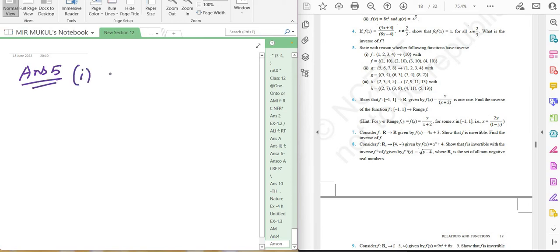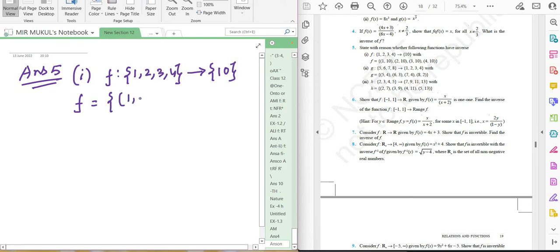Number 1: f is 1, 10; 2, 10; 3, 10; and 4, 10.